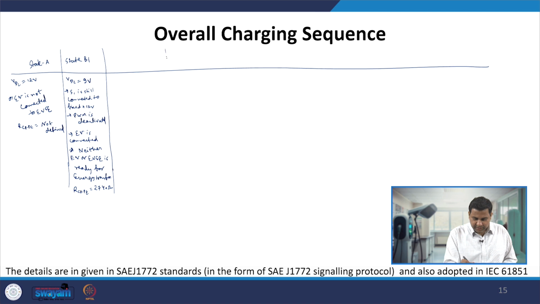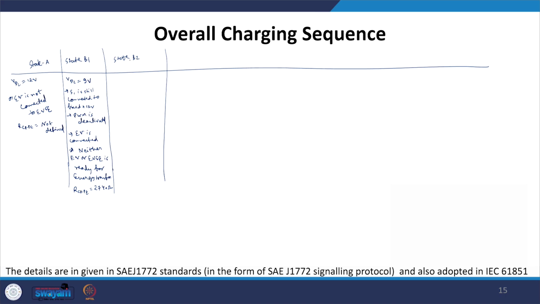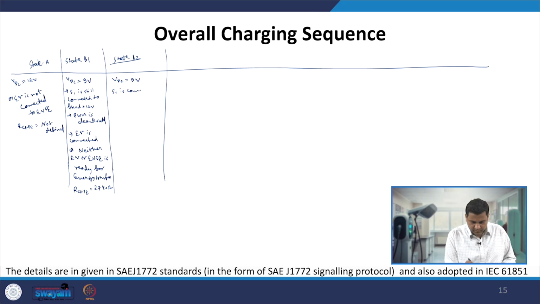Similarly, the next state is state B2. In state B2, our VDC value is nothing but 9 volt. Our S1 is connected to oscillator, that is, when PWM is activated, and our EVSC is ready.